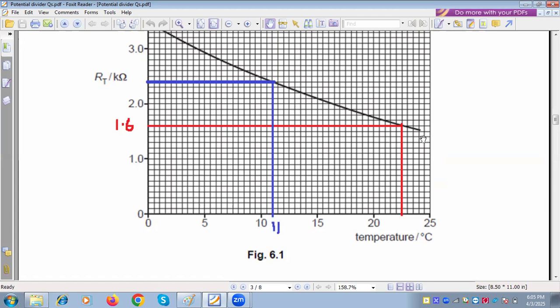In the first case, what was the voltmeter reading when the resistance of the thermistor was, sorry, what was the resistance? 1600. At this resistance, 22.5 is the temperature and 1600 is the resistance. So resistance will be slightly smaller.